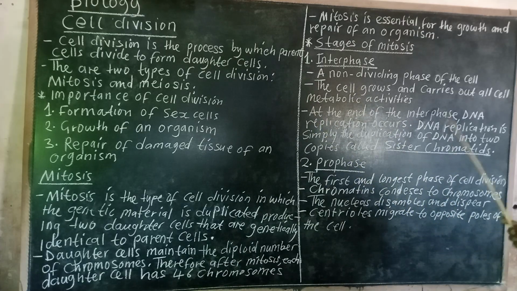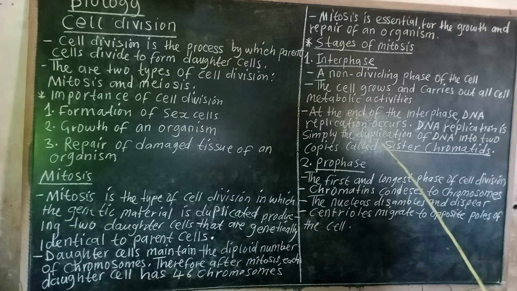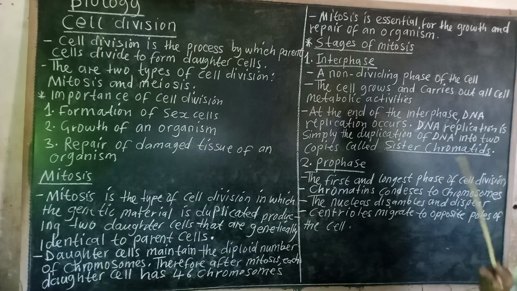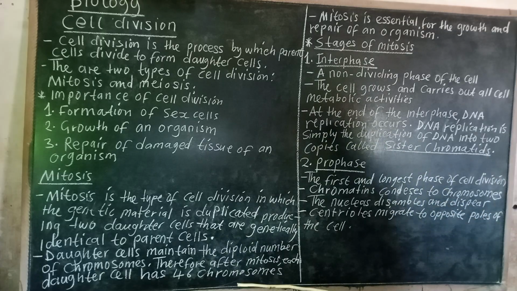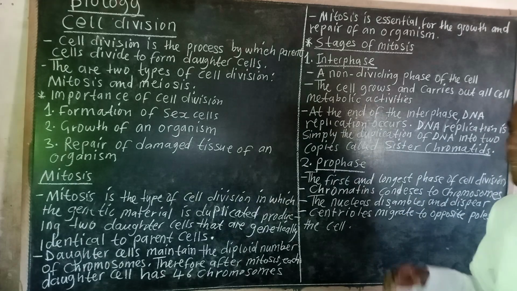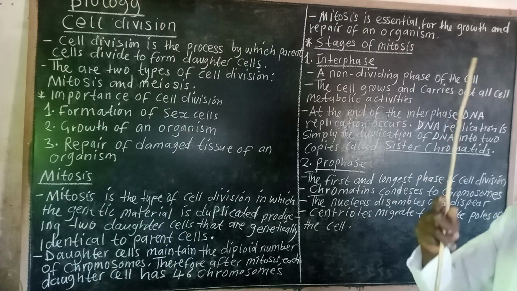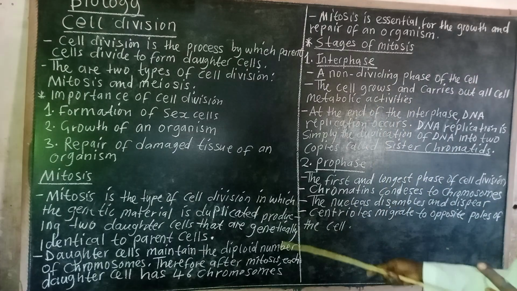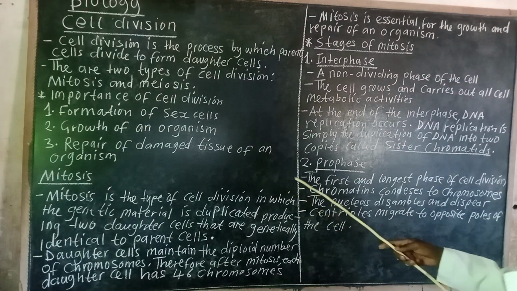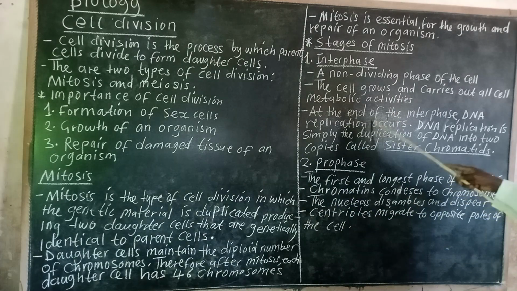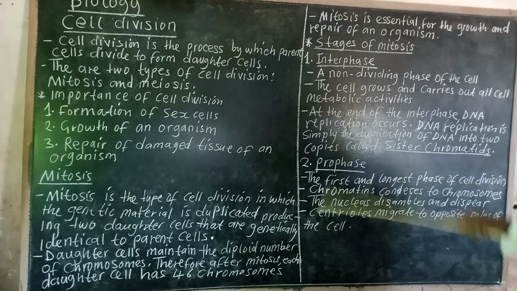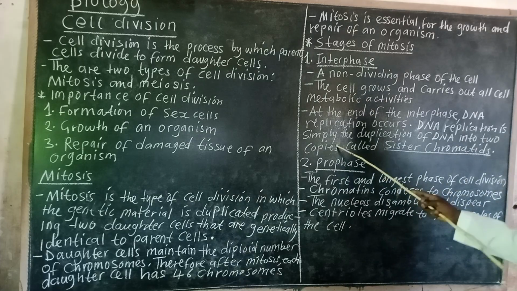Then at the end of the interphase, DNA, which is deoxyribonucleic acid, replication occurs. When the replication of DNA is taking place, you should bear in mind, like what I mentioned earlier, that 2 copies are going to be produced, which are called chromatids.